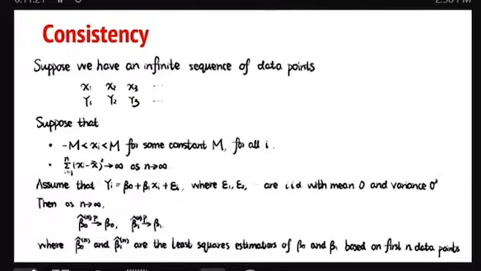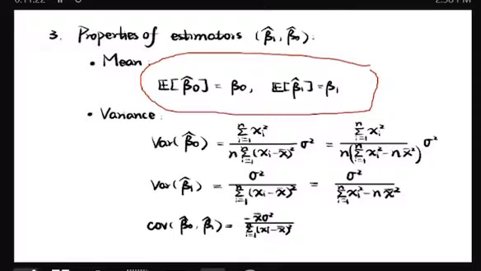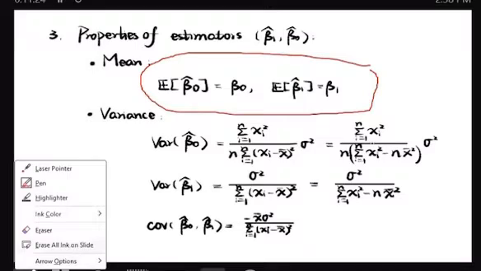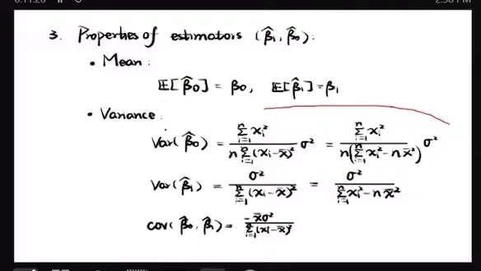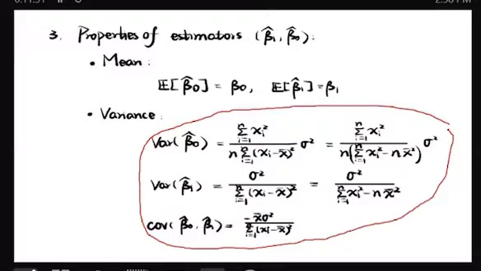The other time I walked you through, we derived all of this. But if I want to investigate the consistency of an estimator, then I need a variance. When the sample size is sufficiently large, I expect the variance to converge to 0.